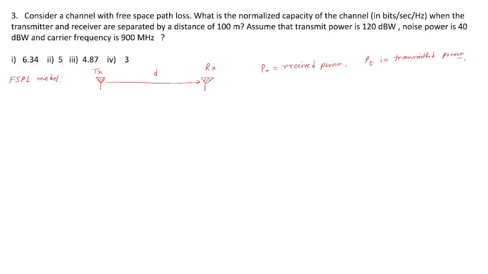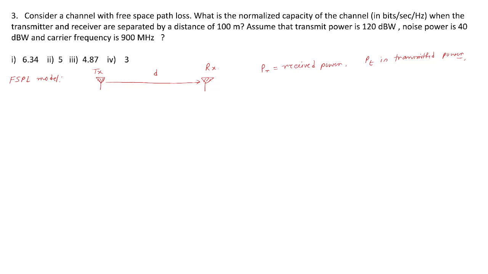So your received power rapidly drops, because if you think intuitively, when the distance is 10, the entire power is concentrated uniformly on the surface of a sphere with radius 10.